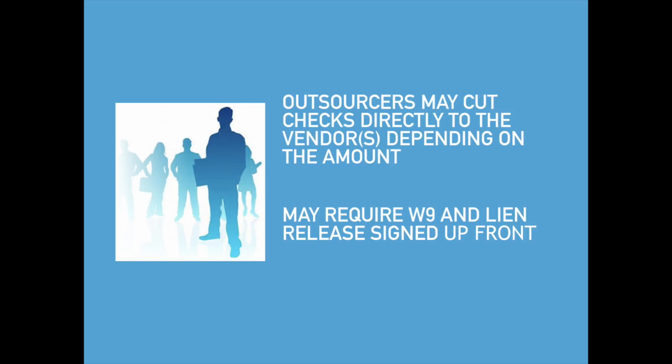So if you're doing that, making $15,000 in repairs wouldn't make much sense because you're eating up so much of your working capital. So in scenarios where you're making significant repairs, the outsourcer may cut the check directly to the vendor, but it's going to depend on the amount. So again, you're going to want to work with your outsourcer to determine what that amount is and make sure that it's acceptable and it's reasonable that you're requesting it.